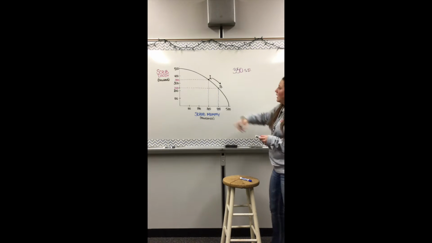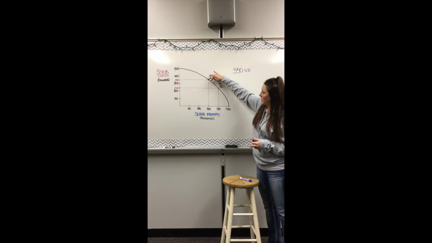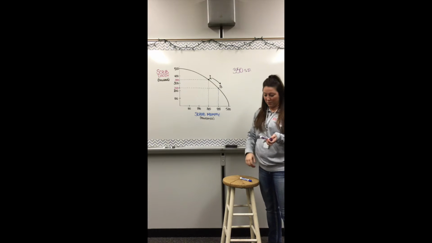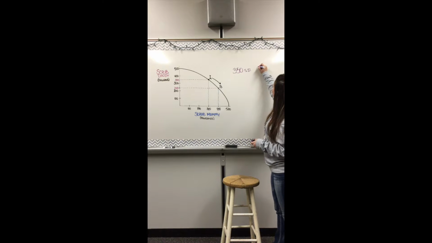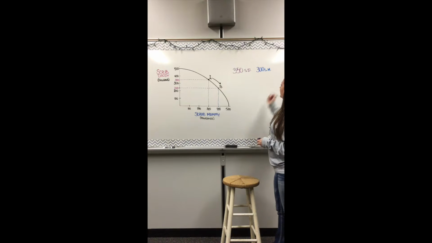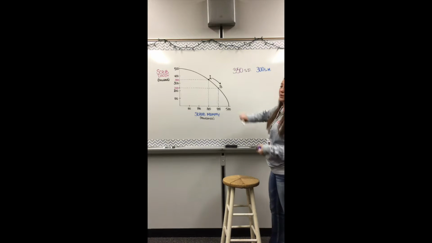At the same point, we need to know how many Scrub Mommies are we making. So we're going to go down and see that we're at 300 Scrub Mommies. And that's step one, right? How much were you making at your original point? I'm going to label this here.